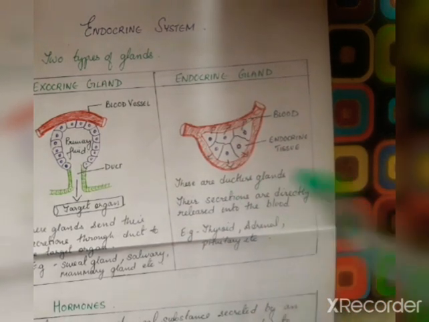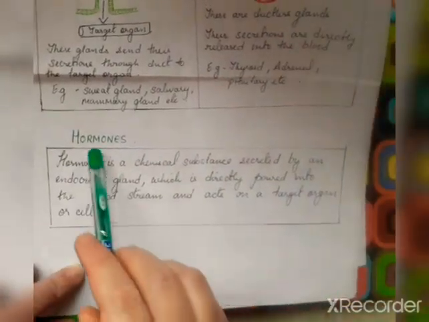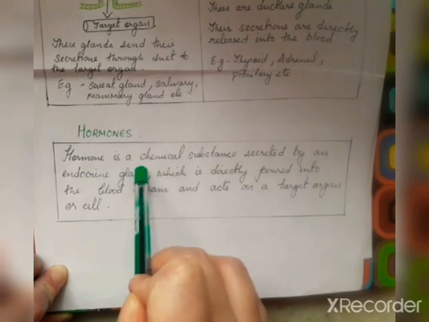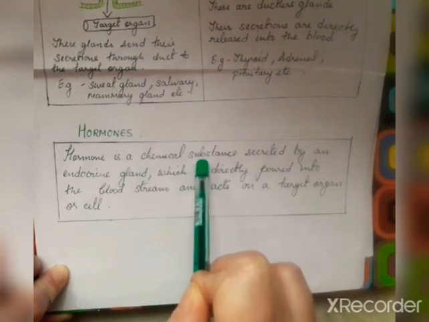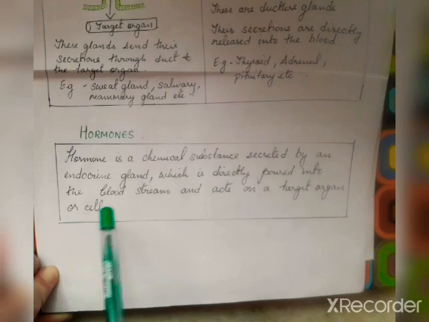As I have told you, what an endocrine gland secretes, it secretes hormones. So you all must know what a hormone is. A hormone is a chemical substance secreted by an endocrine gland which is directly poured into the bloodstream and acts on a target organ or cell.